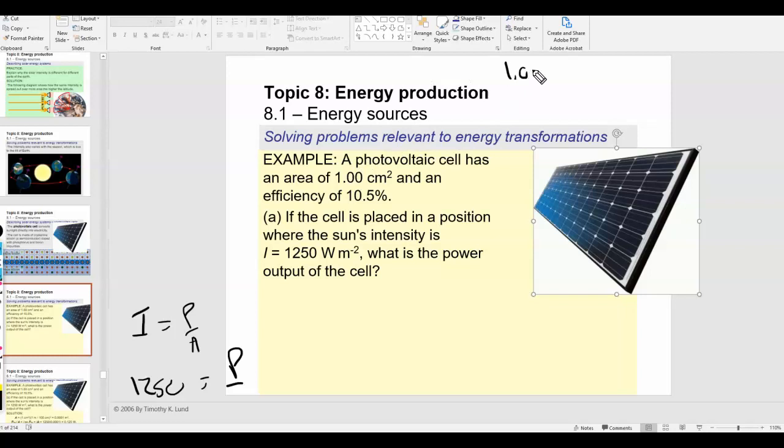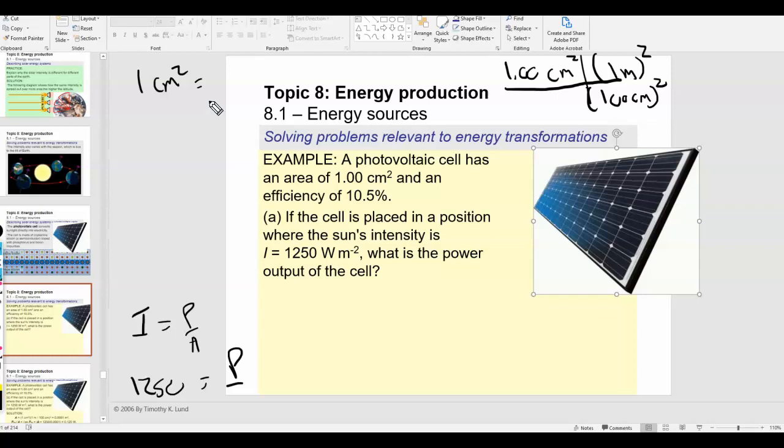Just to remind you how that works, when you do a square unit conversion, you have to put the conversion factor. There's 100 centimeters in 1 meter, and then you have to square both sides. So for 1 square centimeter, you're not dividing by 100, you're actually dividing by 10,000.